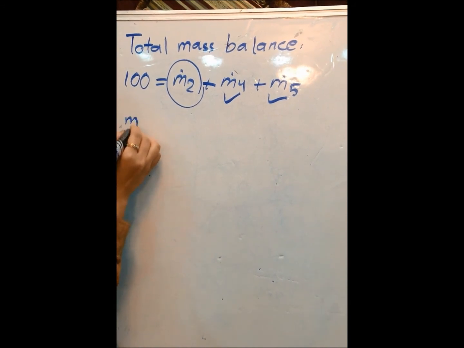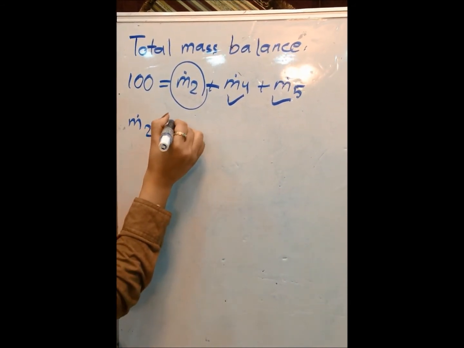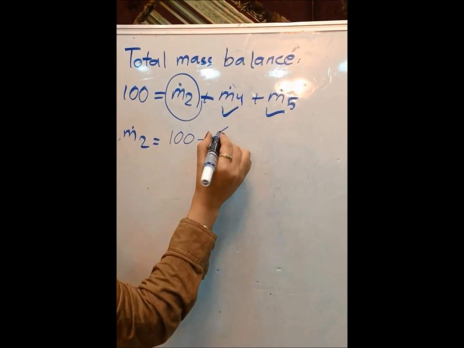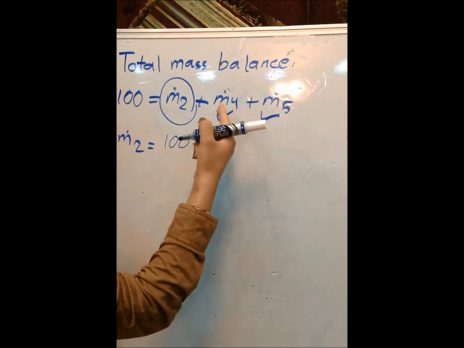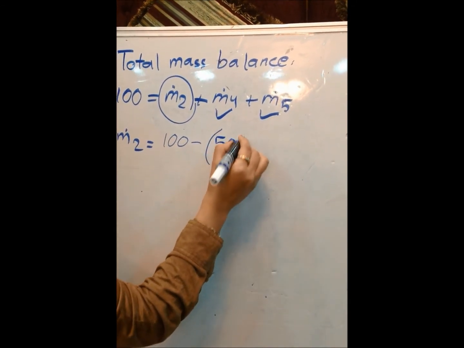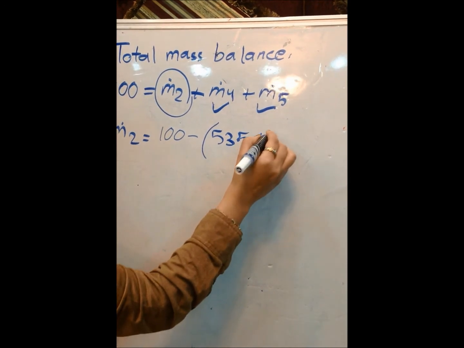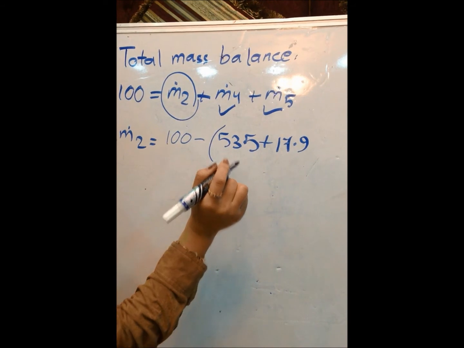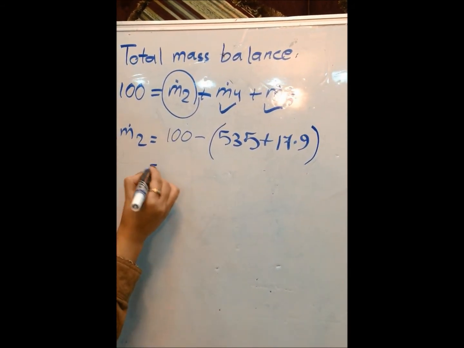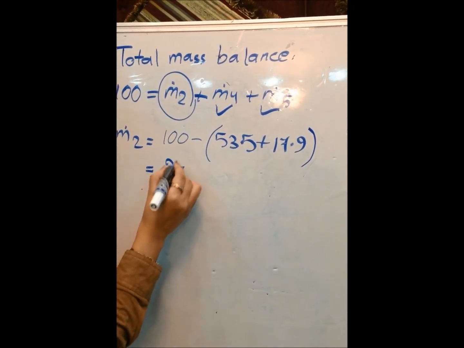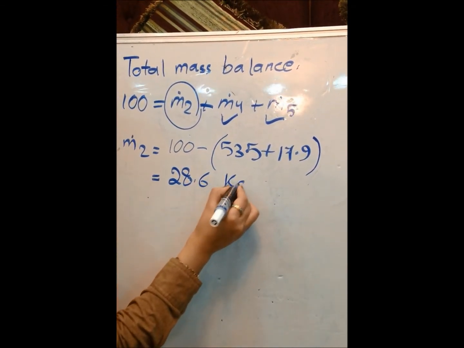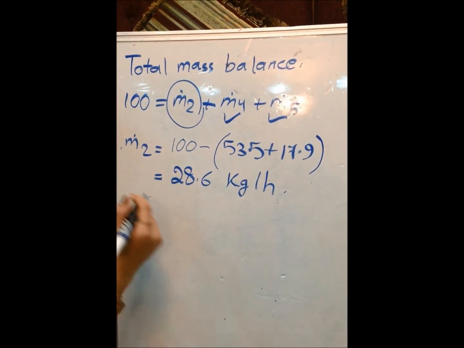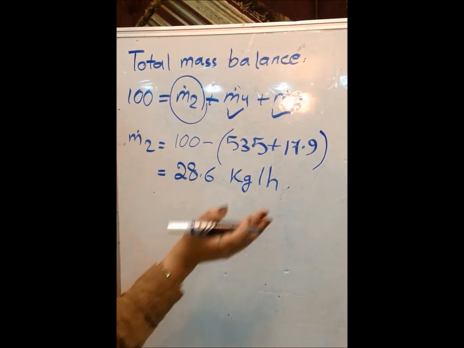The mass flow rate of stream 2 will equal the fresh feed minus the mass flow rates of stream 4, which equals 53.5, plus stream 5, which equals 17.9 kilograms per hour, and this all equals 28.6 kilograms per hour.